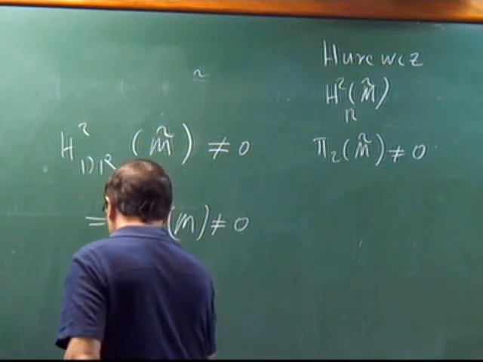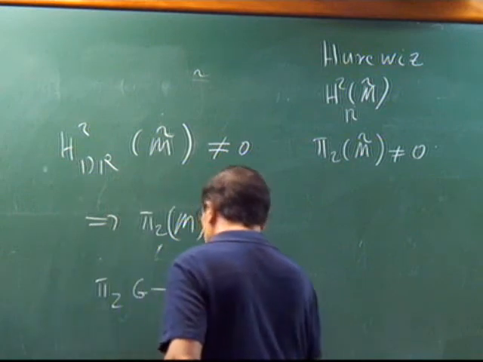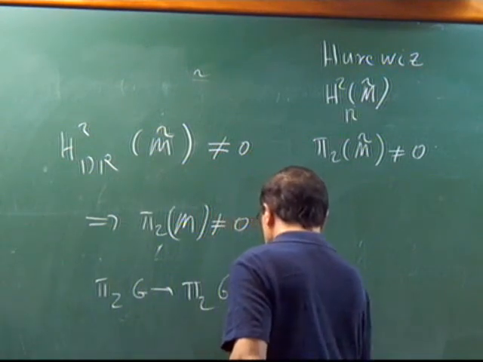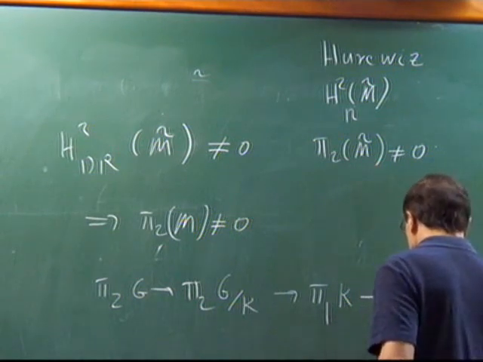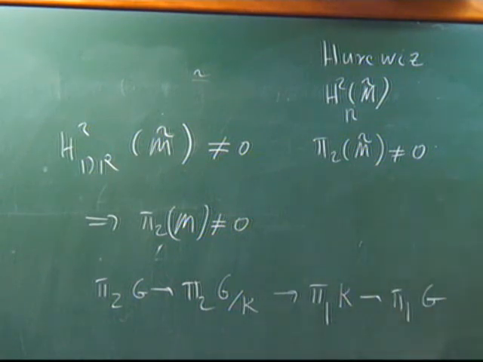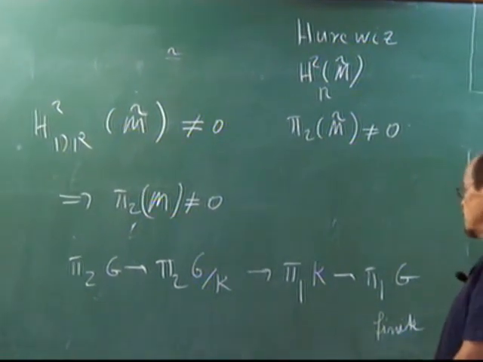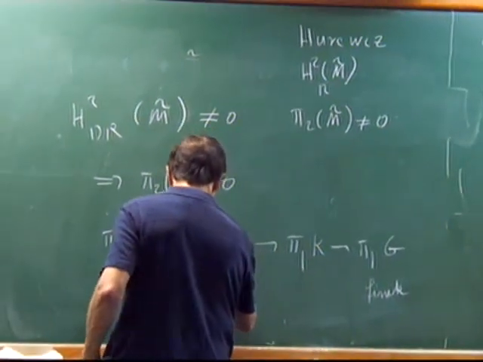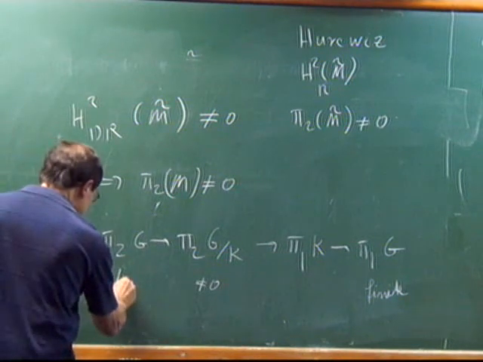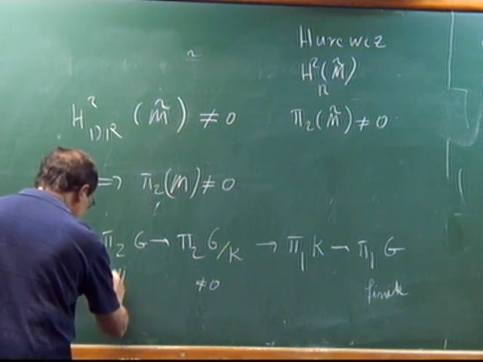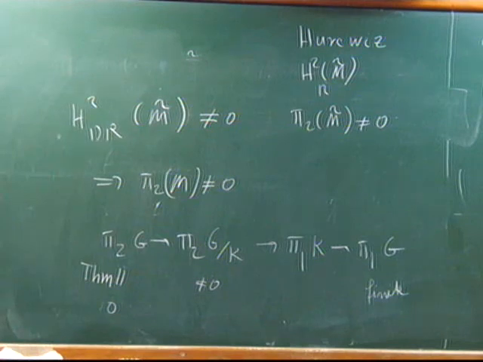So I write down pi 2 of G to pi 2 of G mod K to pi 1 of K to pi 1 of G. So what do I know? This group is finite. This group is non-zero now. And now I have to use a theorem. This is zero. In fact, every Lie group, period, every Lie group has vanishing pi 2.